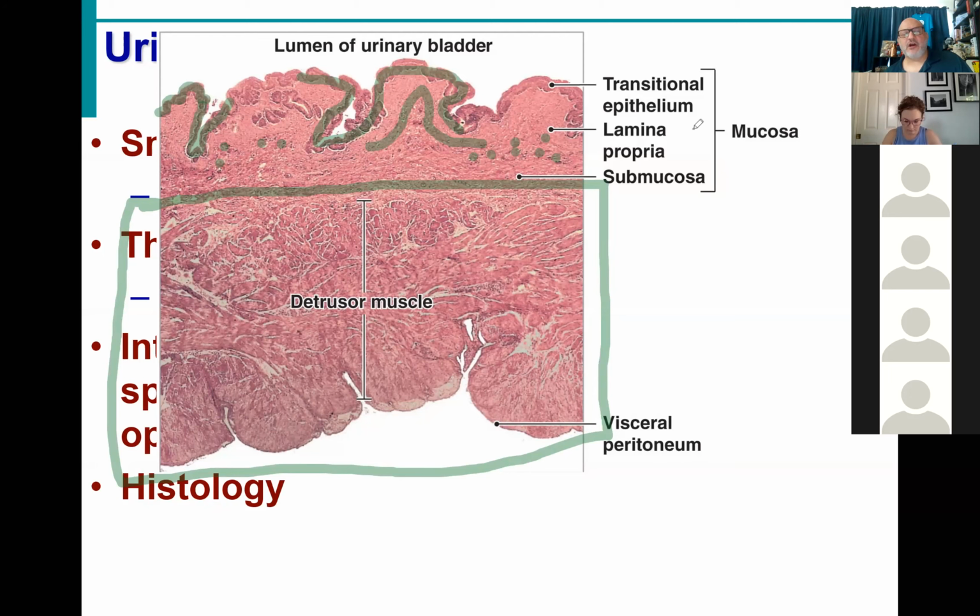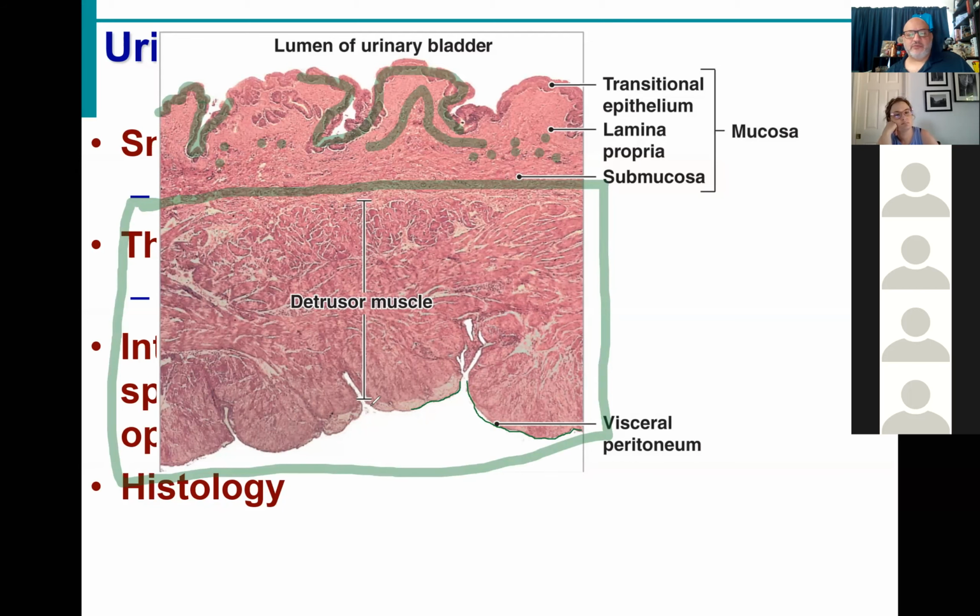Lastly, of course, our bladder is an intraperitoneal organ. So as such, it is surrounded by a visceral peritoneum on the outer surface, which again, of course, if we looked at up close, would be a simple squamous epithelial tissue with a tiny bit of areolar connective tissue.